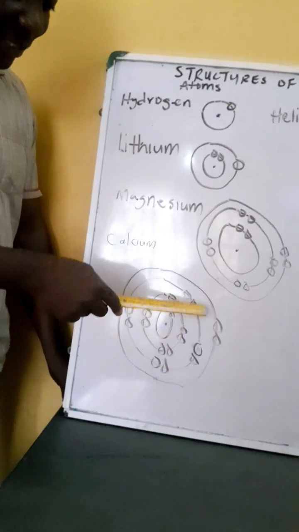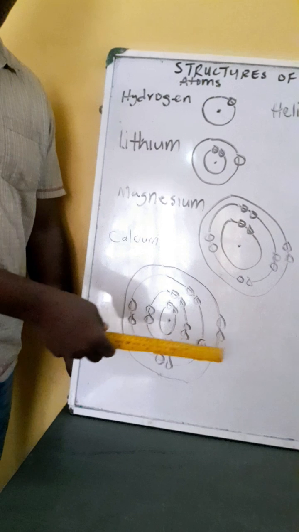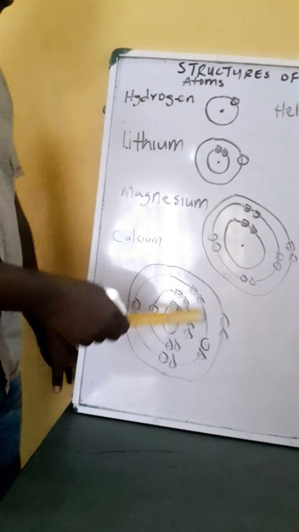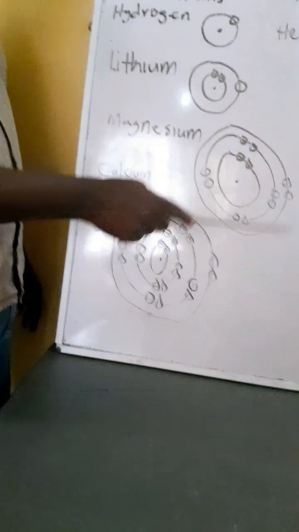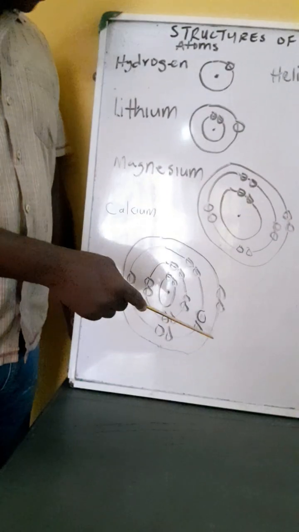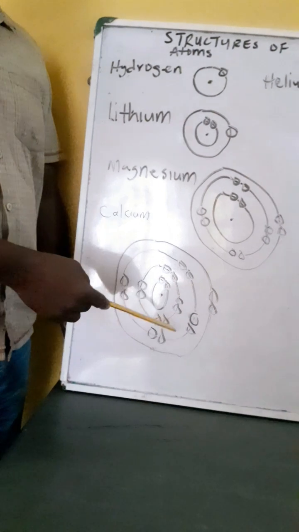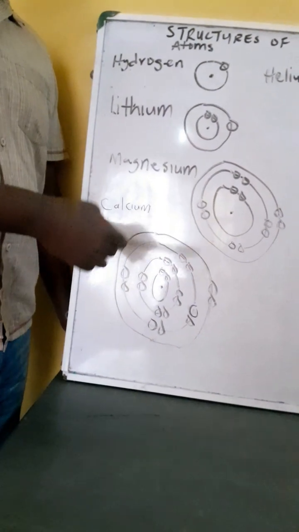The second shell and the third shell contain a maximum of 8 electrons. Then, these are the valency electrons. They are those electrons that are in the outermost shells of atoms, and they take part in chemical reactions.